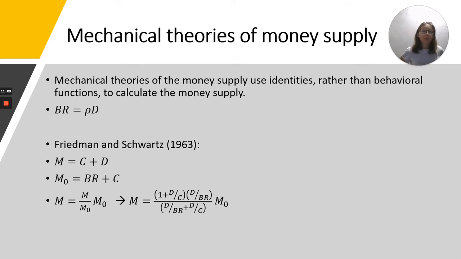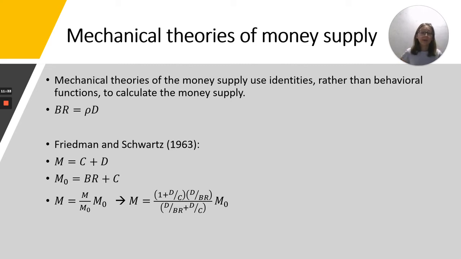Those money supply theories fall into two groups. One is mechanical theories and the other is behavioral theories. Mechanical theories are the ones which use functions and identities, so the exact links that we observe between the factors and between indicators.